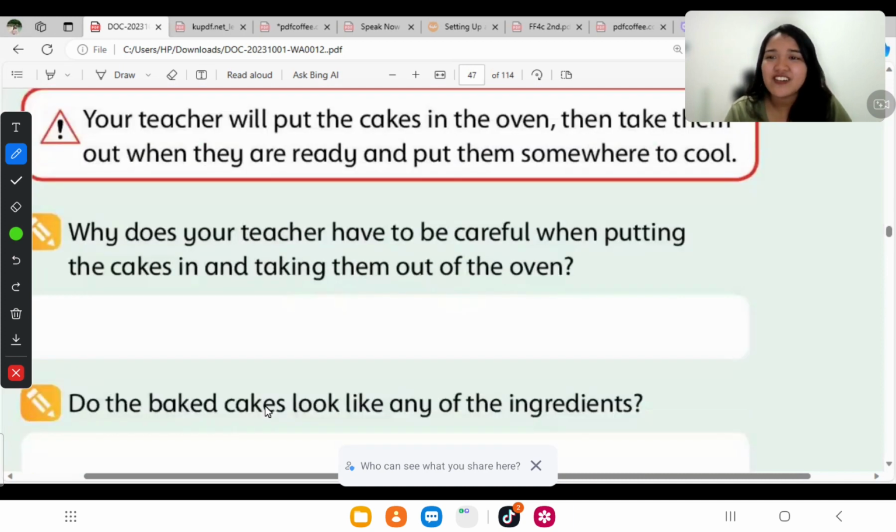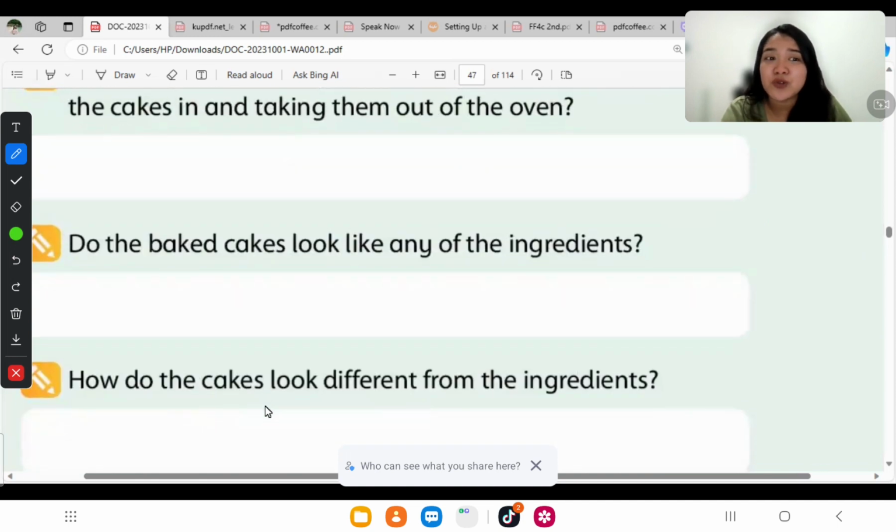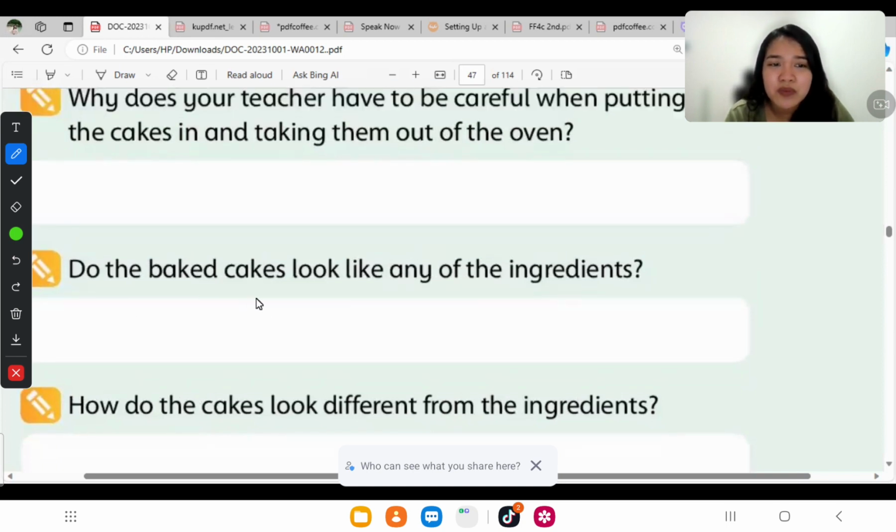That's the reason why. Okay, how about the next one here? Do the baked cakes look different from the ingredients? Do the baked cakes look like any of the ingredients?